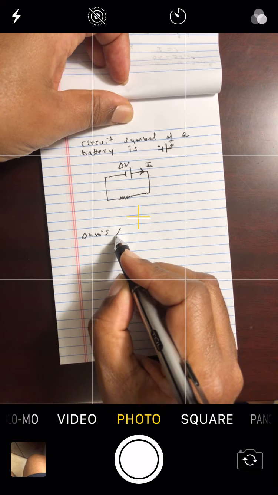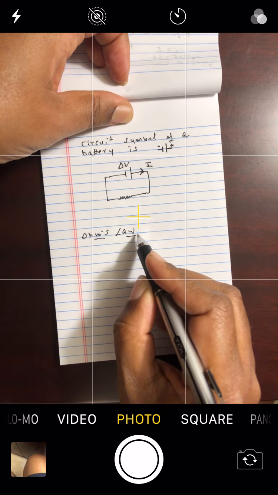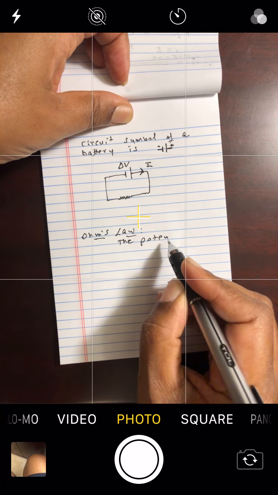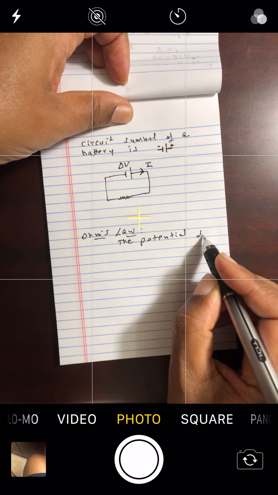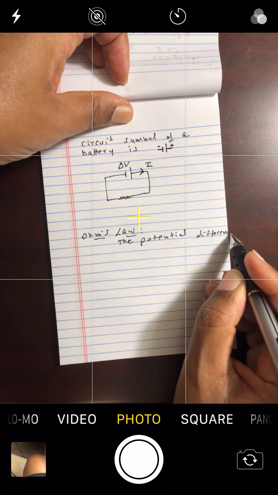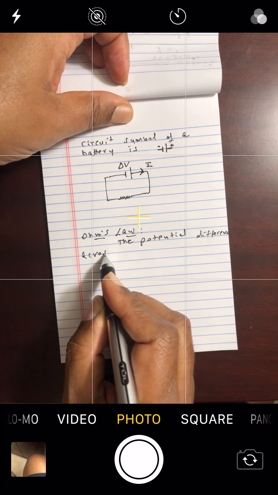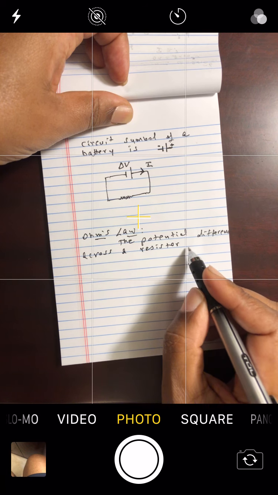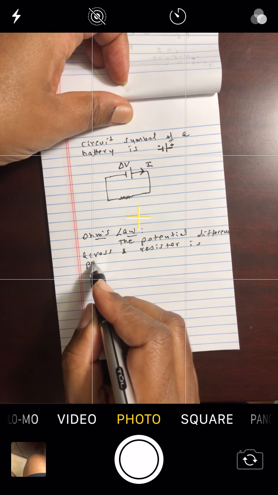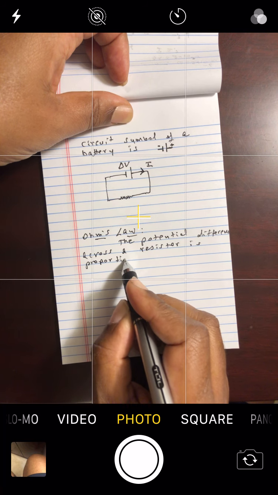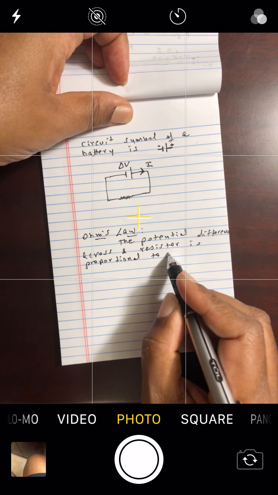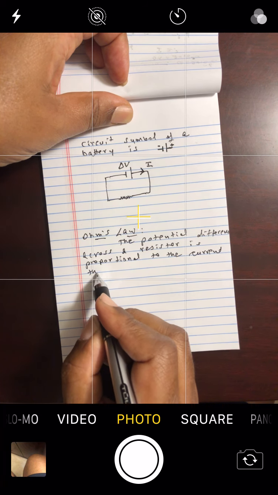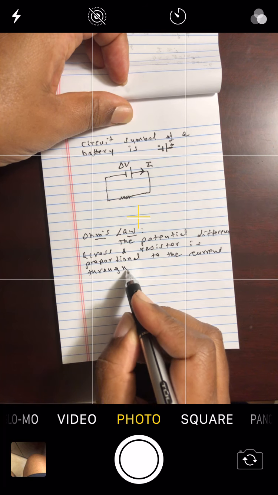Ohm's law states that the potential difference across a resistor is proportional to the current through the resistor.